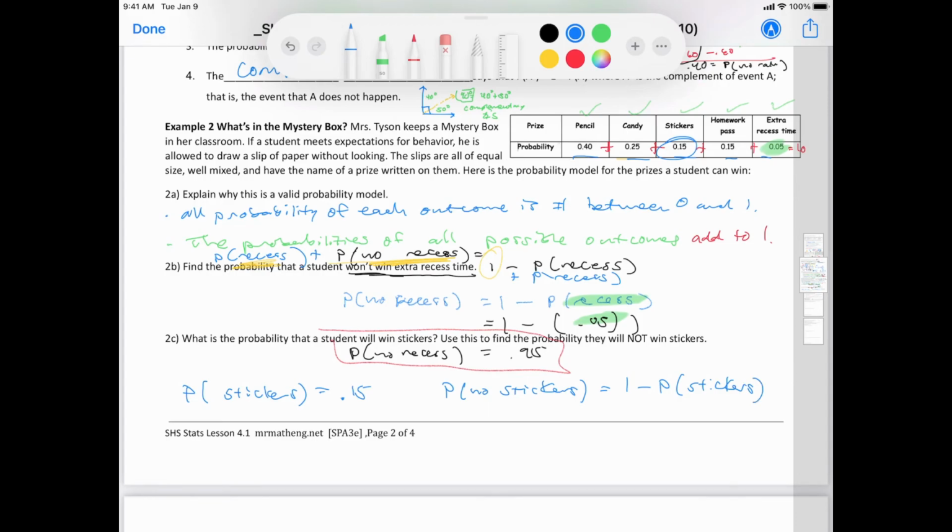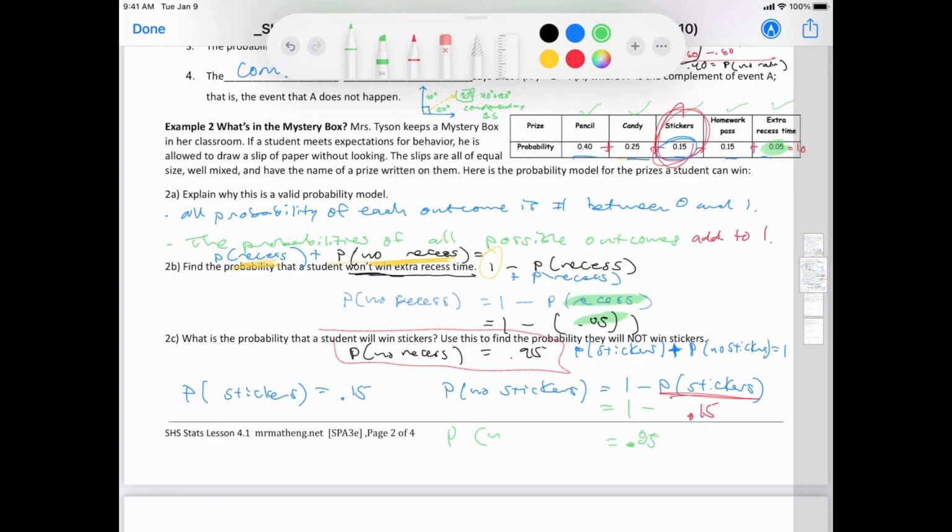Again, this is the step before it. Probability of stickers plus the probability of no stickers, so yes plus no, will always equal 1. And I'm just subtracting to get what we want, which is probability of no stickers. So if I subtract probability of stickers, which is 0.15, so 1 minus 0.15 will give me 0.85.